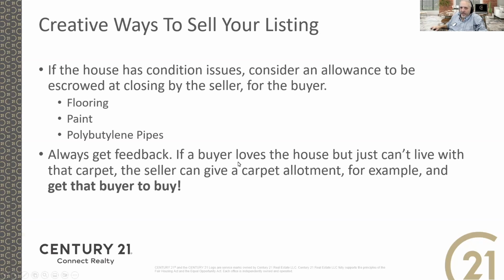That's right, it can be negotiated, it has been negotiated, and it's always easy to do. Okay. The key is, if you've got a buyer that loves the house, don't let the condition of the house and some of the things that they want to do to it be the thing that stops the deal from going through. All right, be tenacious, be relentless.